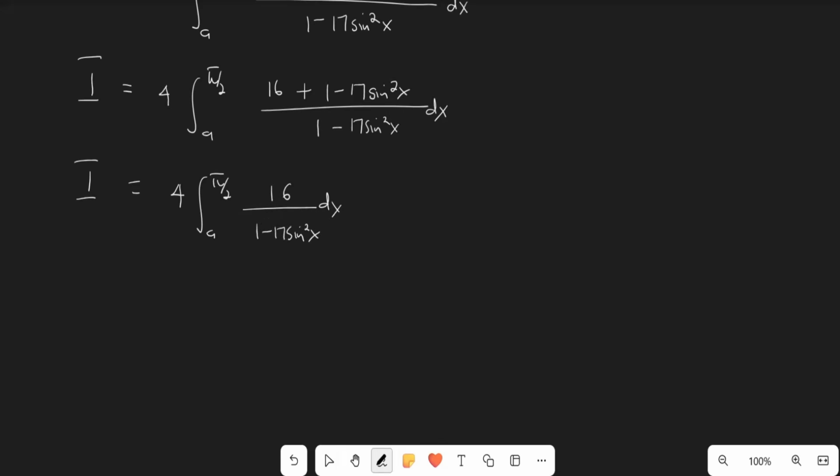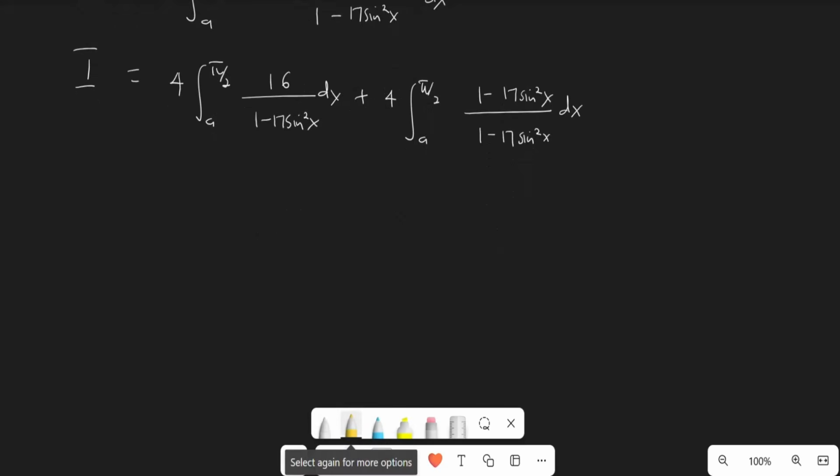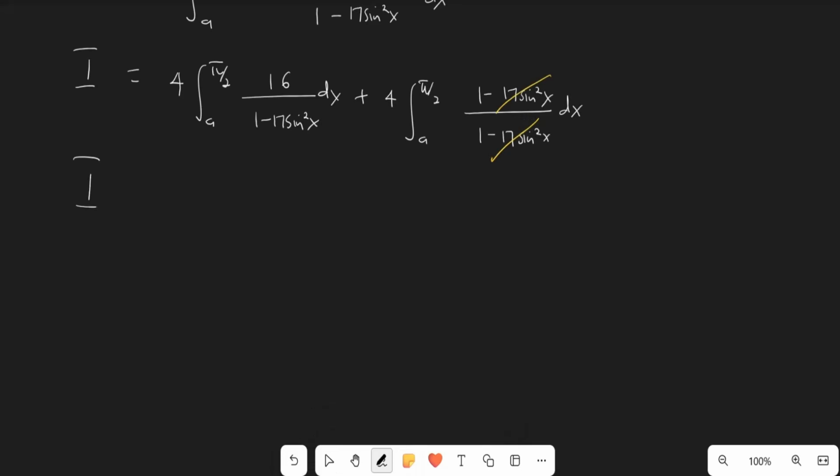And the next one is going to be plus 4 times the integral from a to pi over 2 of 1 minus 17 sine square of x divided by 1 minus 17 sine square of x. So the second one is very easy. There is going to be a cancellation. This one is going to cancel out beautifully, and then we are left with I equal to 4 times, so now 16 is a constant, I'm going to bring it out, which will become 64.